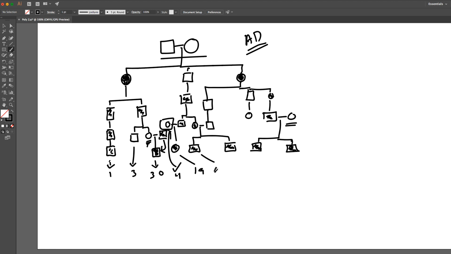This person, who they say is 6. 5, which must be this person who's wild type, or unafflicted rather. Then they do this person who's 23. This person who is 24. This person, who is number 7. This person who's number 8. And this person who's number 9. Okay, sorry, it's a little sloppy.